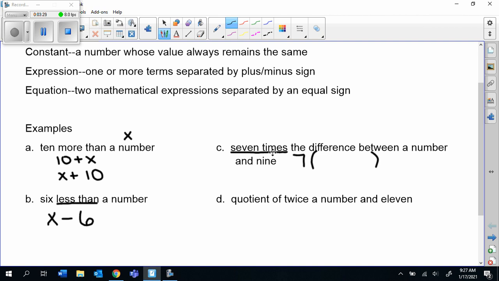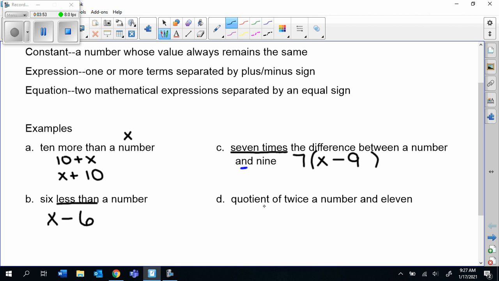We have the multiplication and we have subtraction. So x minus 9. If you're confused about the order of this, because this one was a little confusing, the "and" is typically where that subtraction sign would go. So a number, subtract 9.